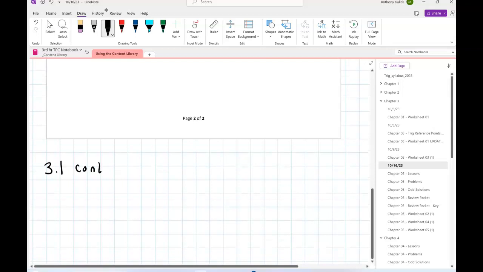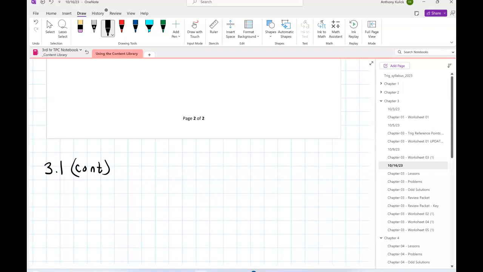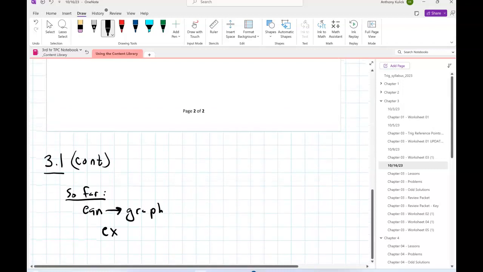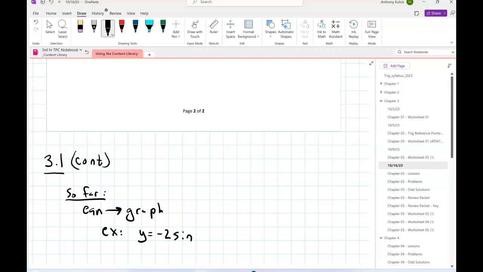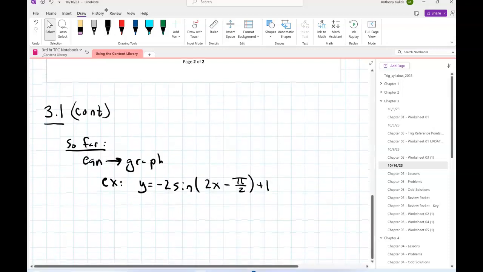So we're going to do one more day in section 3.1. What we've done so far is equation to a graph. For example, we gave you y equals -2 sine of 2x minus pi over 2 plus 1, or something like that.